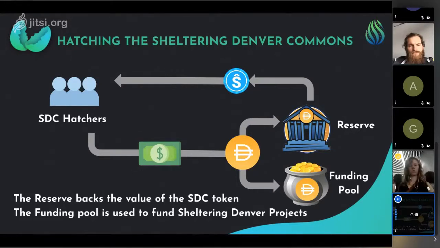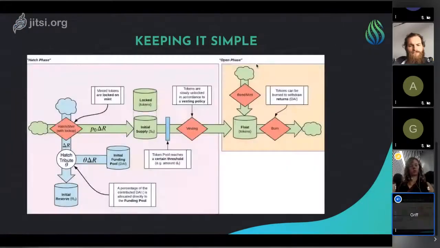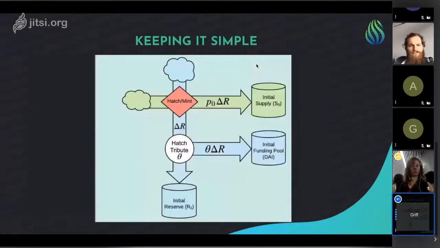Now, if it was just a simple design, where money comes in, it's split between two pools of money and tokens are created, then we would have a design like this.